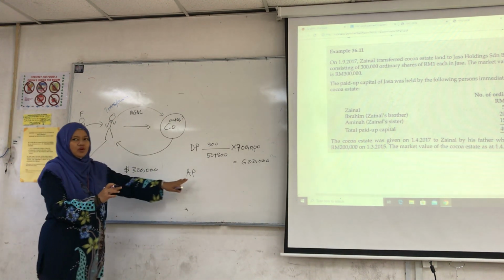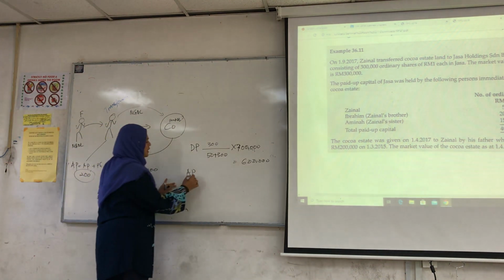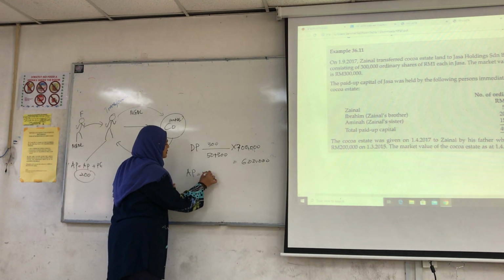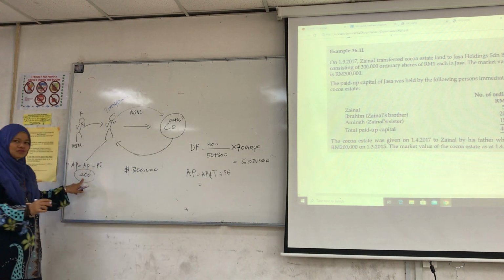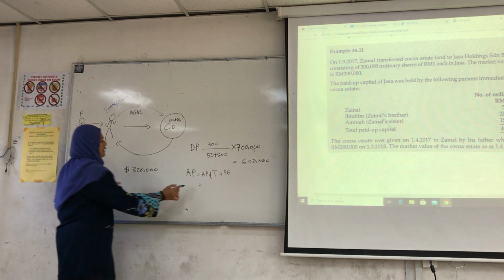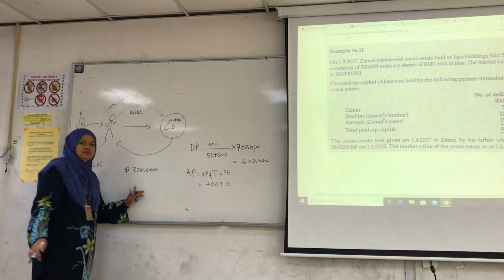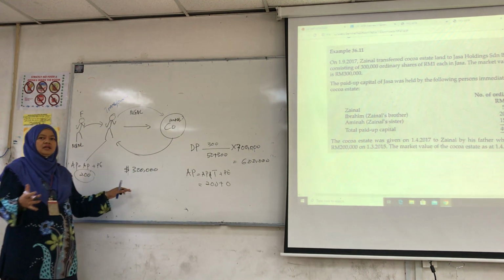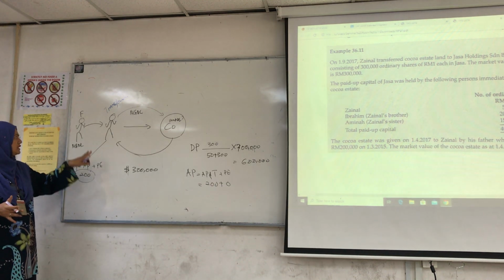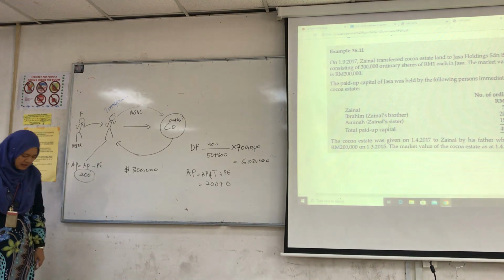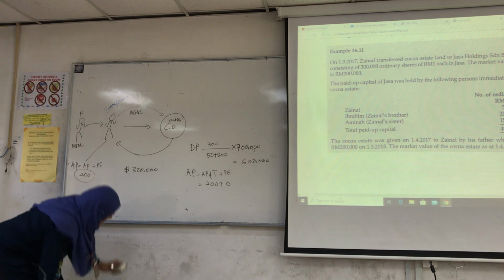Shares here, go back, right? Shares AP equals AP of transferor plus PE. What is the AP of transferor? 200,000 again. Any PE? No, Zainal does not incur any permitted expenses; in this case, the transferor here is Zainal.